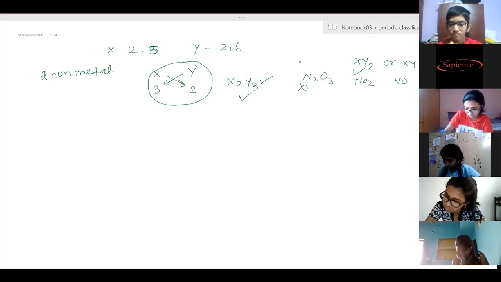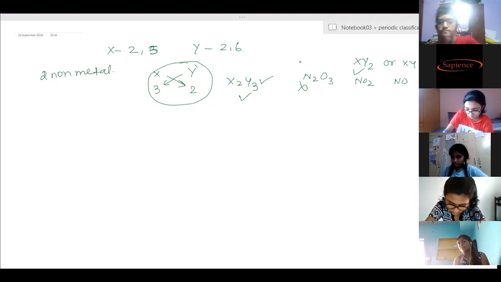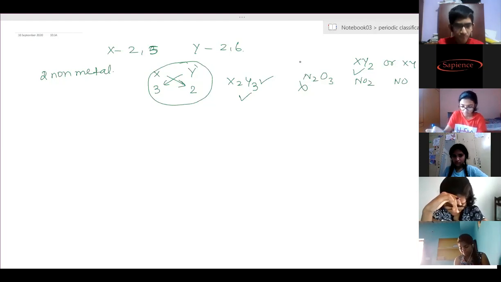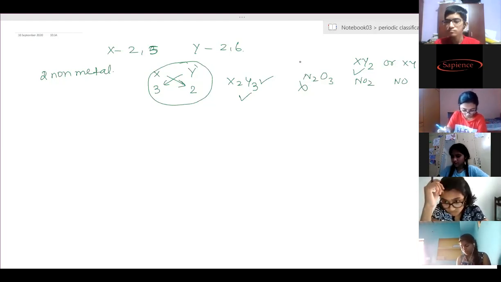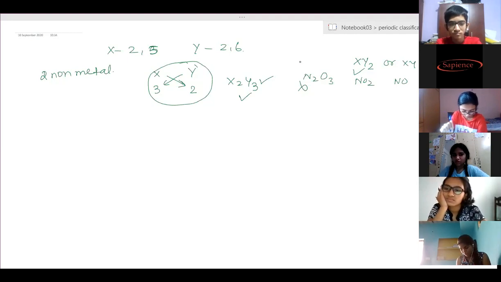What is the relation between mass number, atomic number and neutrons? Mass number is equal to the number of protons plus the number of neutrons. So the number of protons plus the number of neutrons is the mass number.